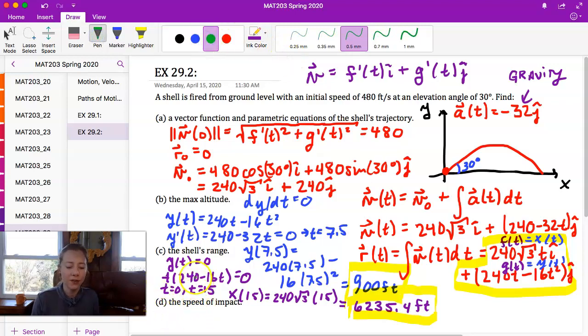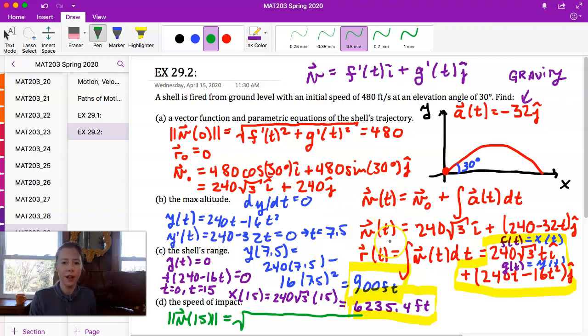We want to know the speed of impact. And so we've already determined that the time of impact is t equals 15 seconds. Okay, and so the speed of impact is going to be the magnitude of velocity at 15 seconds. So we just need to plug in 15 for our velocity, and get the magnitude.